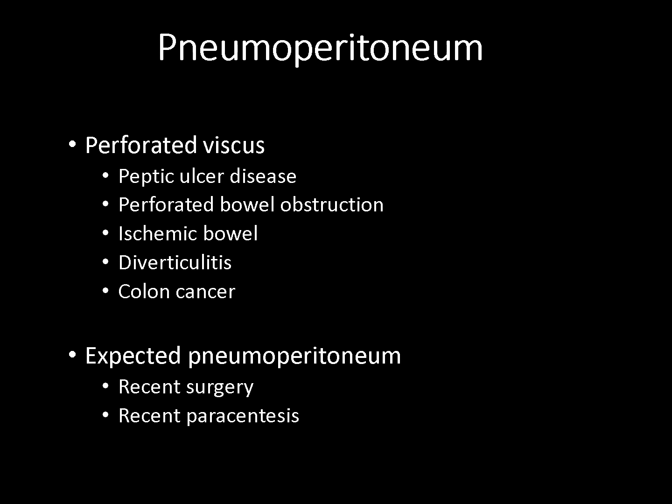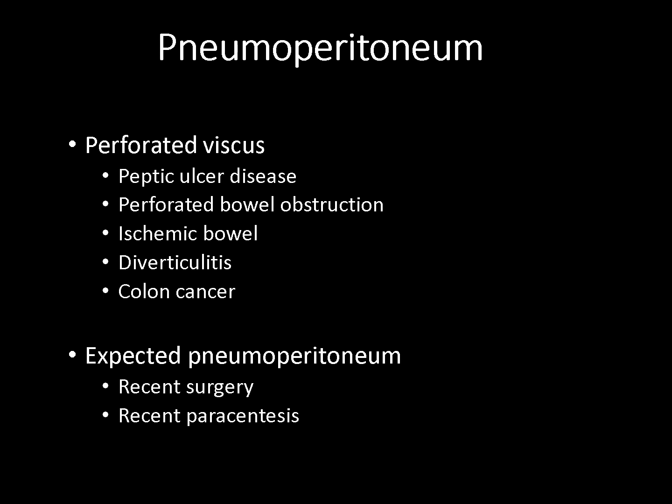So moving on to pneumoperitoneum, what are the causes of pneumoperitoneum? Well, it can be very sinister or it can be just an expected finding. So the sinister cause of pneumoperitoneum is when we have a perforated viscus, and that's seen in a variety of different clinical scenarios, the most common being peptic ulcer disease, like a perforated duodenal or peptic ulcer, a perforated small bowel obstruction.